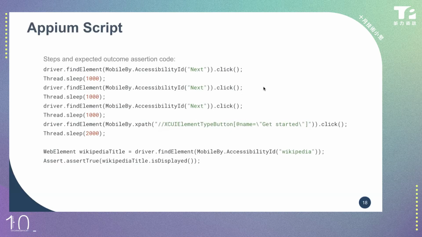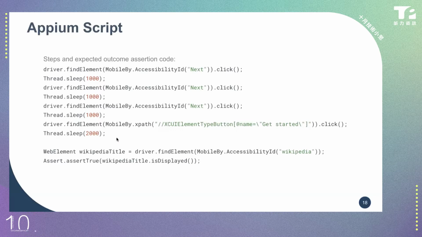So if we don't wait in between, it could be that Appium is already trying to find an element, like the Get Started button, but it is not visible yet. In that case, it would not find the button, try to click on it, and then fail. Therefore, the most basic way to avoid this is to inject a very basic sleep for 1 second or 2 seconds.